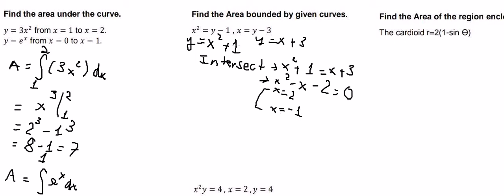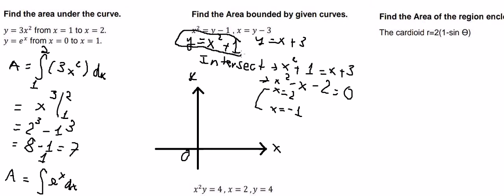So in this situation, we need to graph the function. We've got y, x, and origin in here. The graph of y equals x squared plus 1 should be like this.